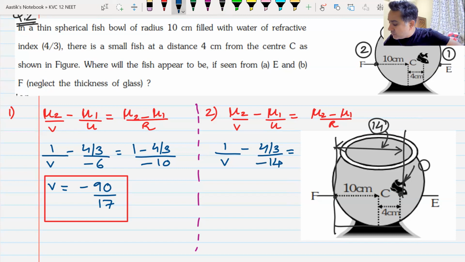Okay, that should be equal to mu2, which is 1, minus 4 by 3, divided by the radius of curvature. How much is the radius of curvature, beta? Ten. Plus or minus? Plus.